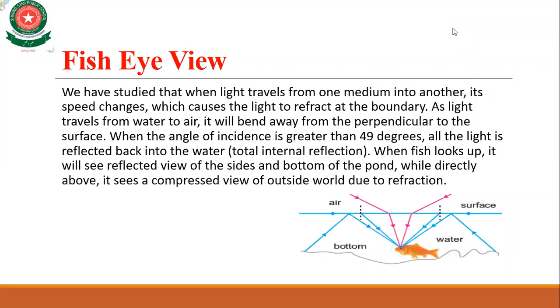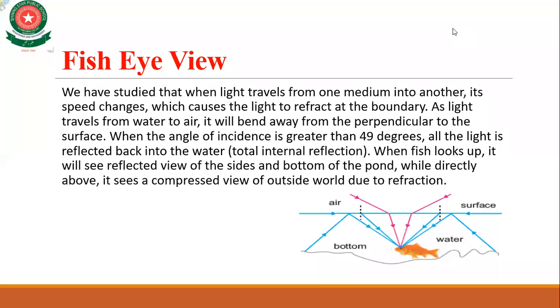Now we are going to discuss the fish eye view. We have studied that when light travels from one medium into another, its speed changes, which causes the light to refract at the boundary.